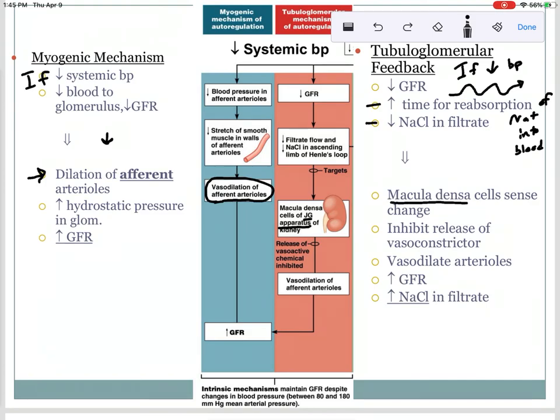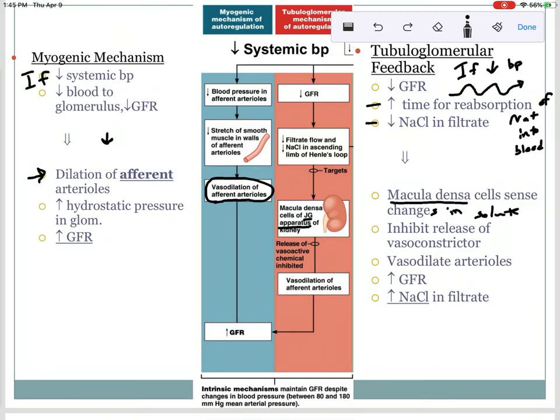Here's where they come into play. So one job of the macula densa, their most important job, is to sense changes in solute concentration, like sodium.